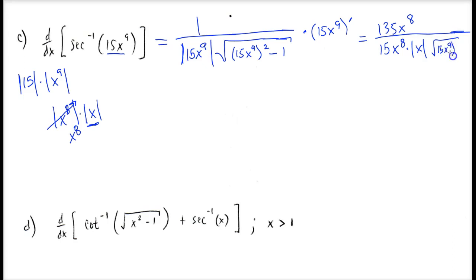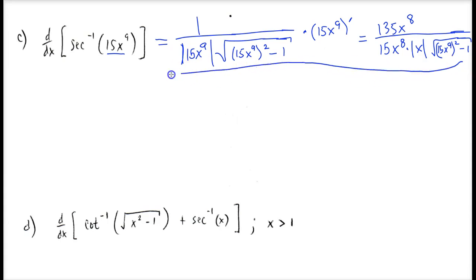15x raised to the 9 squared minus 1. Okay. And so from there, that should make doing some of the simplification that we need to do a little bit more simple. So let's move on from here.